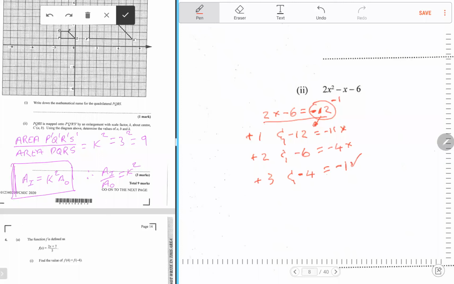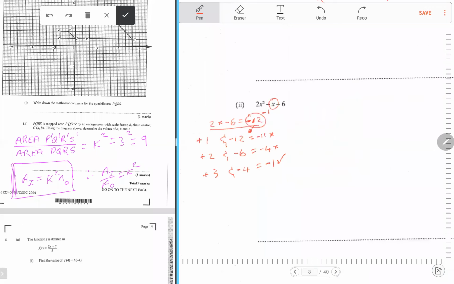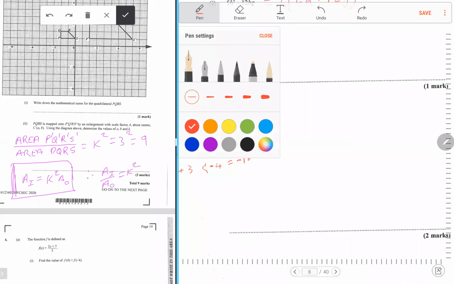So what you're going to do is split this negative x into 3x minus 4x, and then you form 4 terms. So let's do that over here, back in the blue ink.